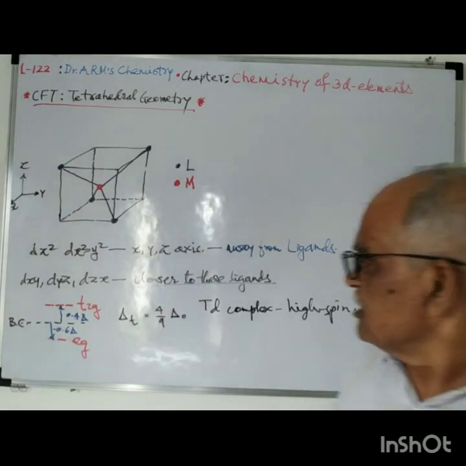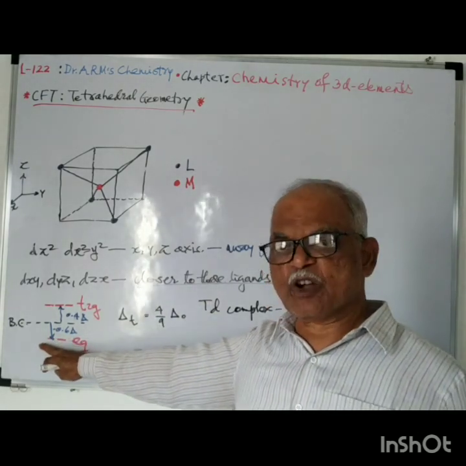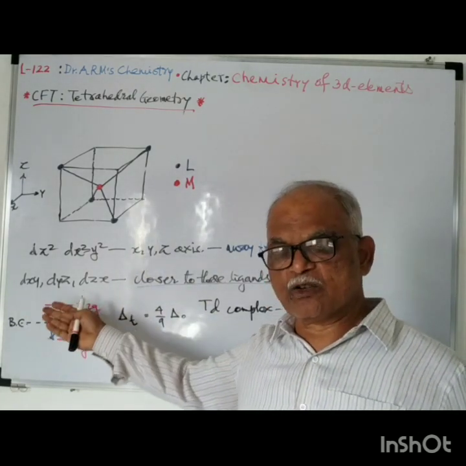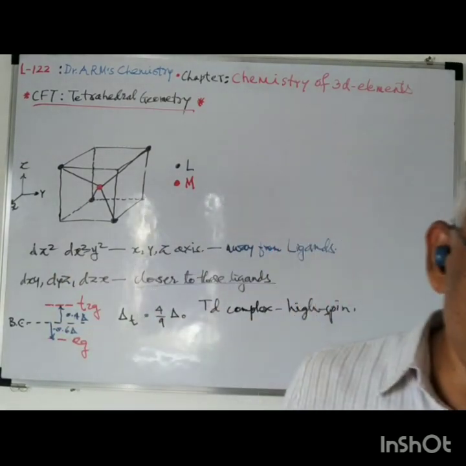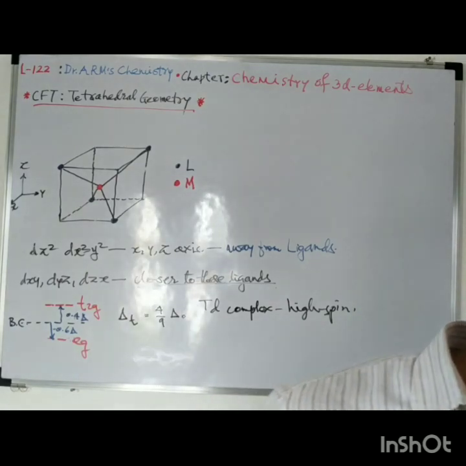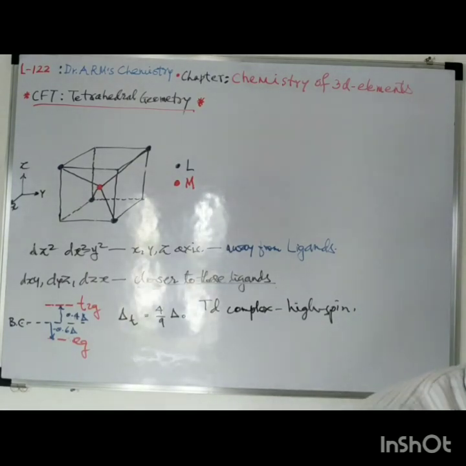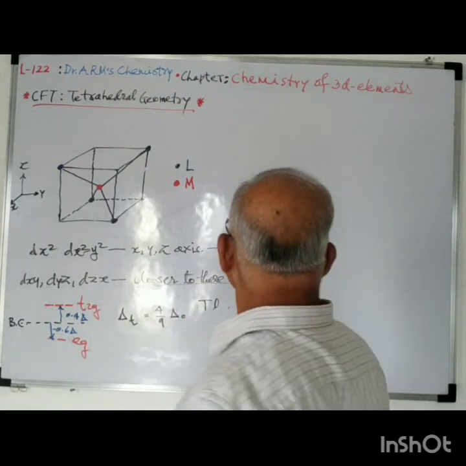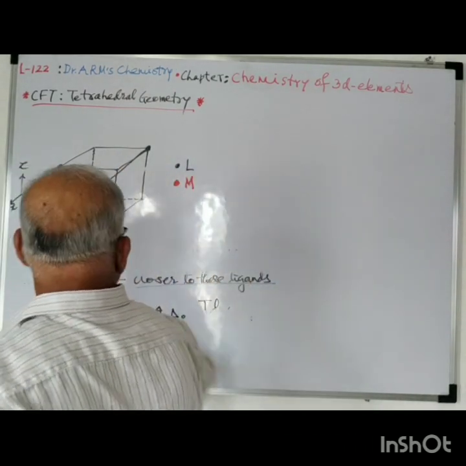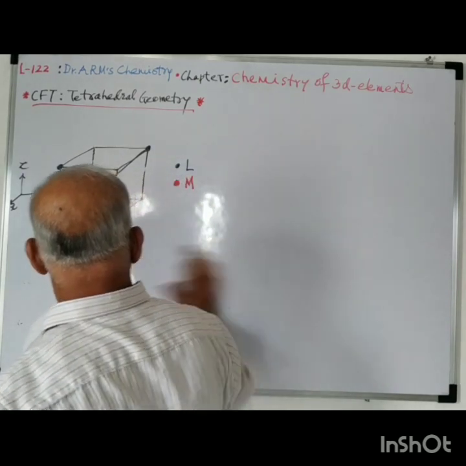Means if the complexes have the same configuration, then octahedral complexes will have a different color and tetrahedral complexes will have a different color. Now we will see examples of such geometrical arrangements.